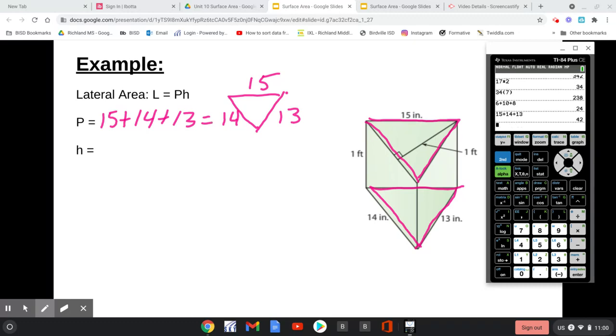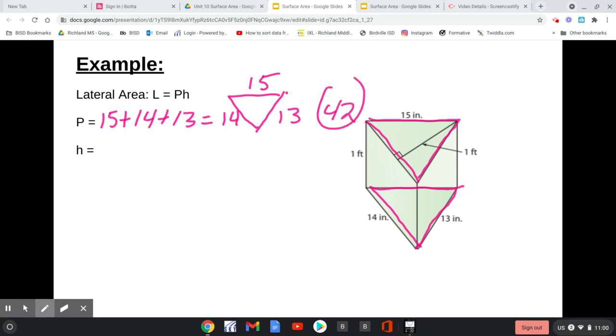So we know the perimeter is 42. And we know the height of this thing is 1. So we know 42 times 1 is 42.